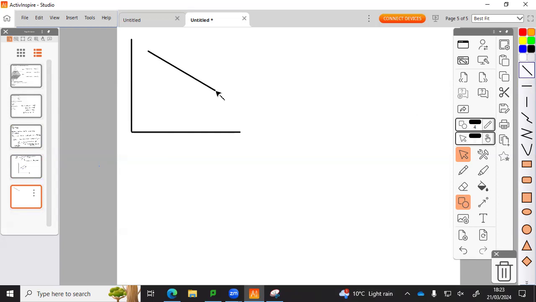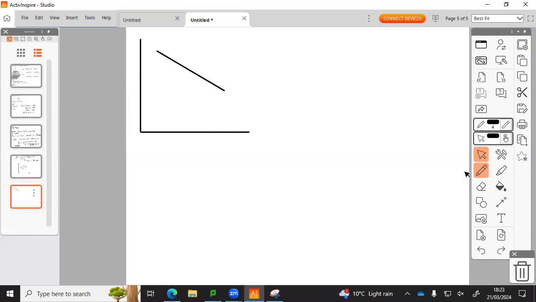I've got a vector like so, going from M to N. I would describe that and put it in component form.